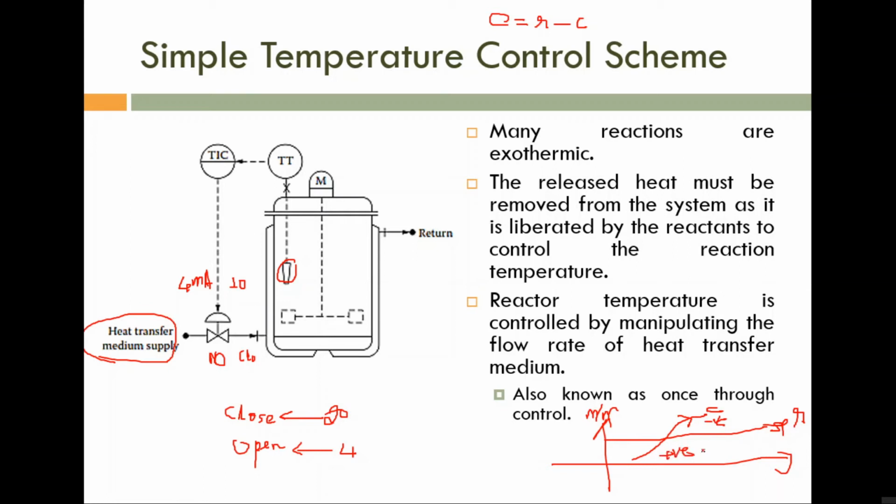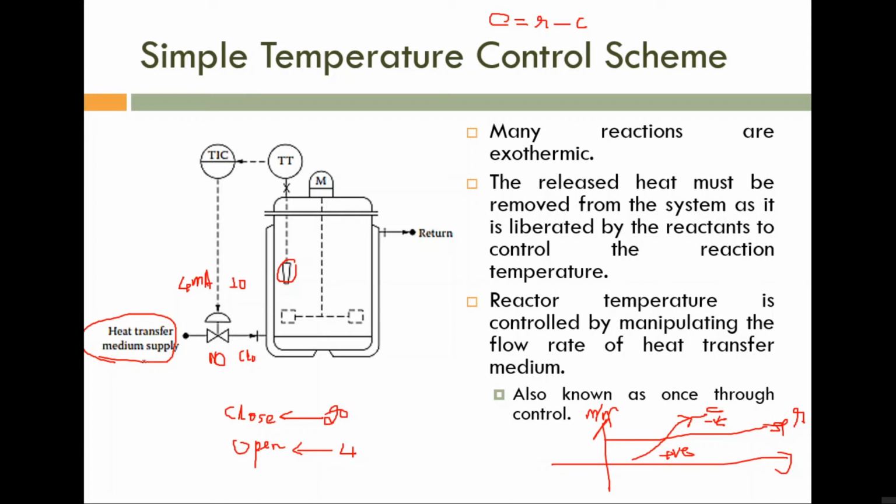Now consider this negative error region. Here negative error means the measurement is high, meaning the temperature is high. A large amount of energy is liberated here, since the exothermic reaction is strong. So at that point, what do we have to do?